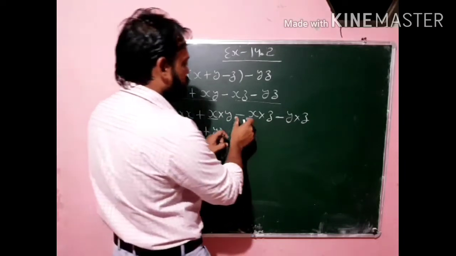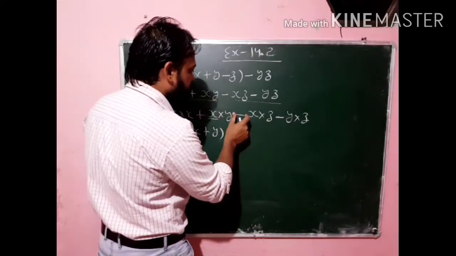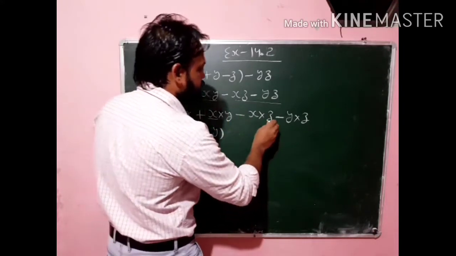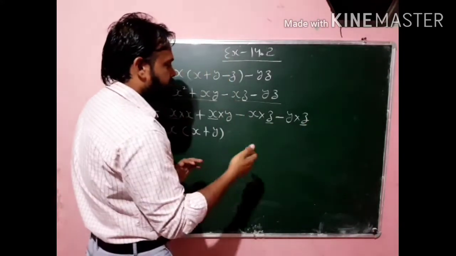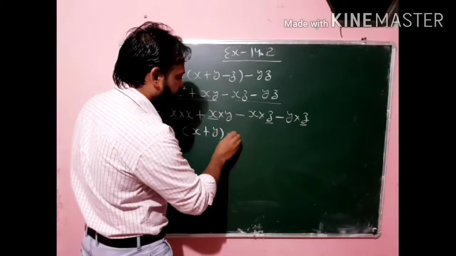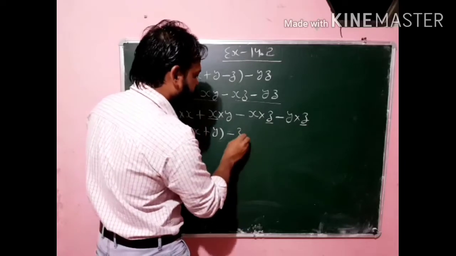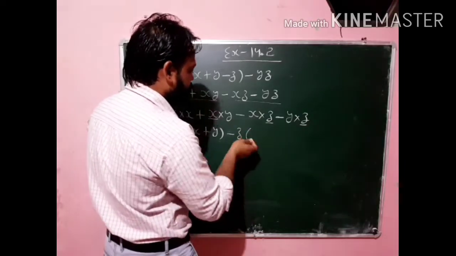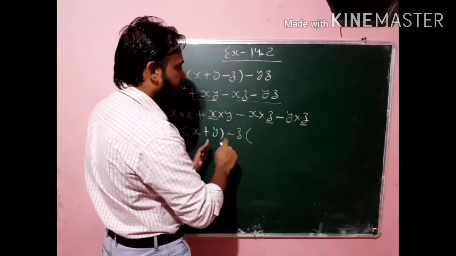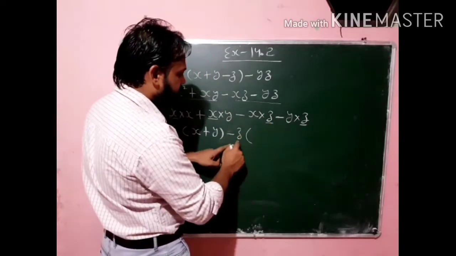Now, as I had explained, if there is a minus sign, then we have to take minus also common. First of all, z is common in this case, and also there is a minus, so take minus common along with z outside of the bracket. This will become minus z.